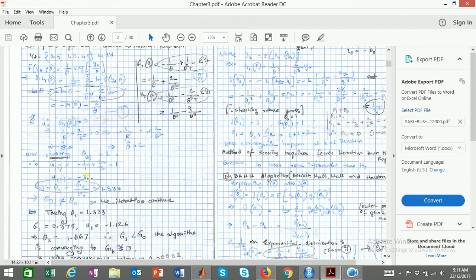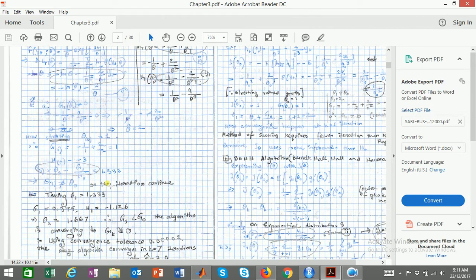As theta naught is not equal to theta 1, as we can see from both of the solutions, this is not equal to this, so iteration will continue until theta naught almost equals theta 1, and the updated value is found in theta 2.